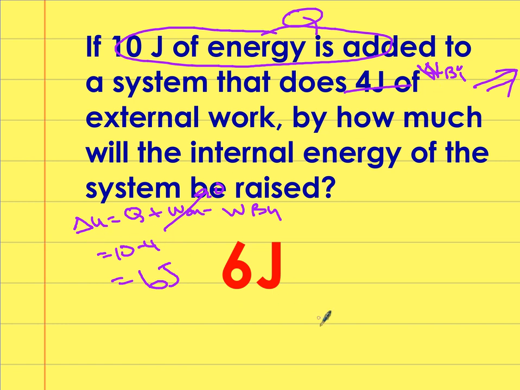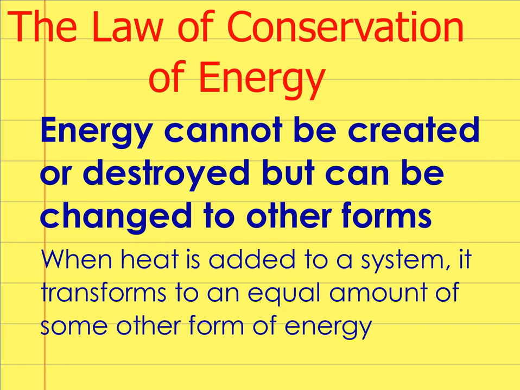And what it turns out is the change in internal energy correlates directly to a temperature change. We won't get into that in this class. Now, the law of conservation of energy, we've already covered. It just says energy cannot be created or destroyed, but changes form. So when you add heat to a system, it just takes that and makes it some other form of energy. It may be work or an internal energy change.